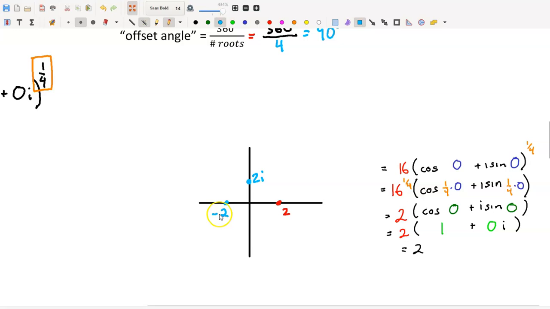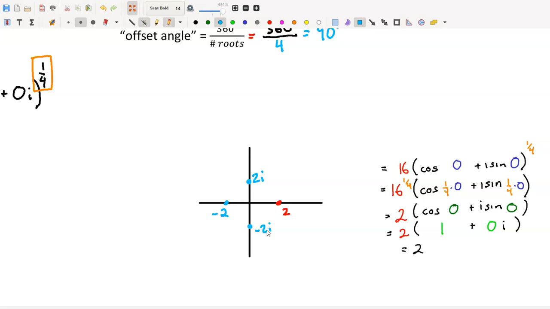We could have figured that out too, that if 2 to the 4th power is 16, -2 to the 4th power is also 16. But now I do a fourth rotation, and I get my 4th answer, which is -2i.